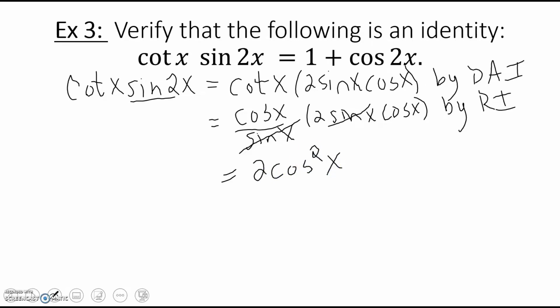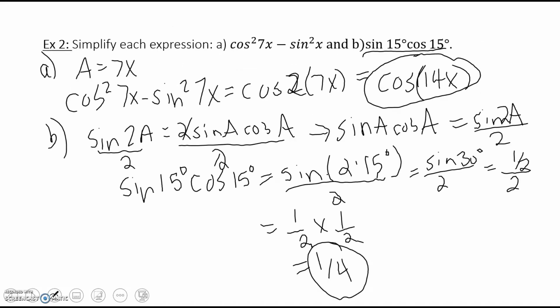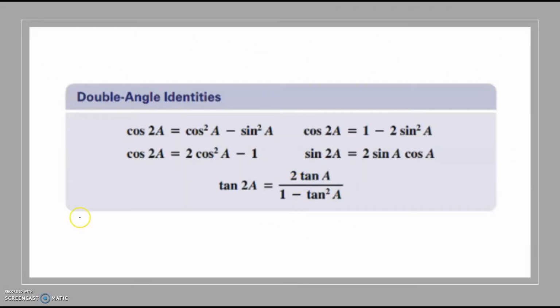All right, now that's not quite what we want. In our problem, we want 1 plus cosine of 2x. So notice there's a cosine 2x in there. Now, if I go back to my identities and look at the one that only has the cosine in it, I get cosine of 2a is equal to 2 cosine squared a minus 1.